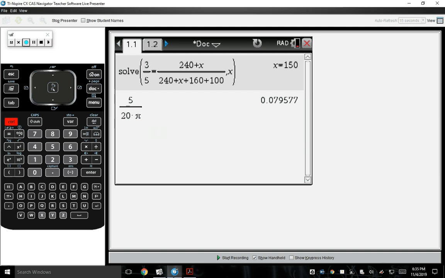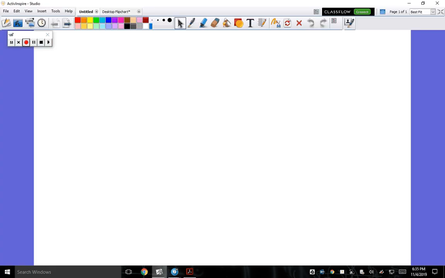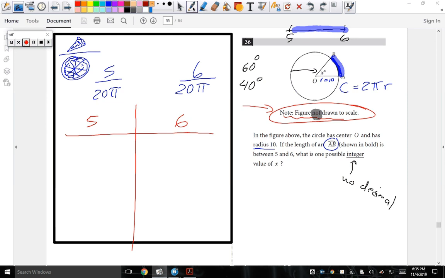Okay? So this is a radian measure, first of all, that you need to know. This is a radian, this isn't an angle. And if I want to change this to an angle, when I get a number like that and I want to change a radian into degrees, I take my answer and multiply it by 180 over pi.